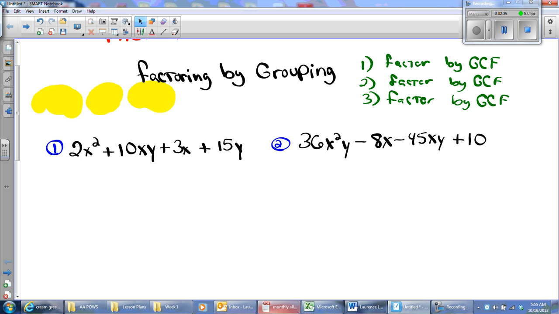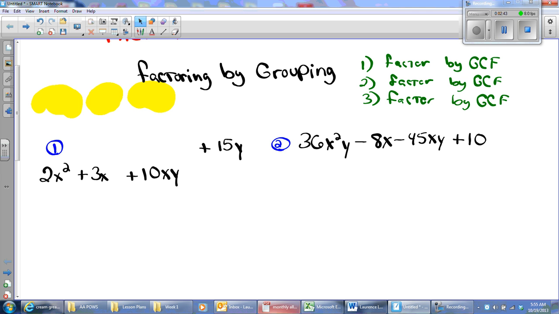So I'm going to rewrite this, putting my x terms together, and then putting my y terms together. Remember, the commutative property allows me to rearrange the order of an addition problem, right? Okay, and so I am going to group these two together, and this is very, very important.